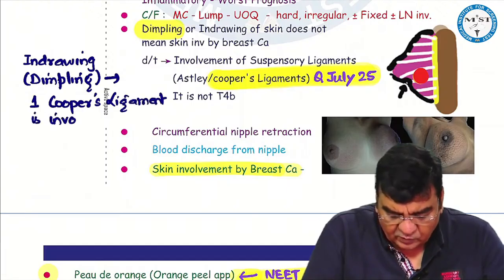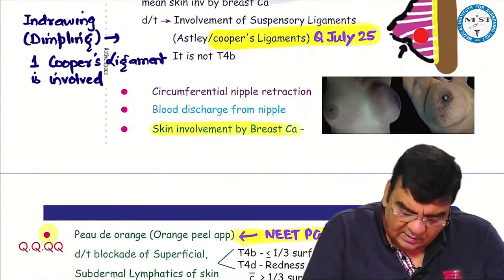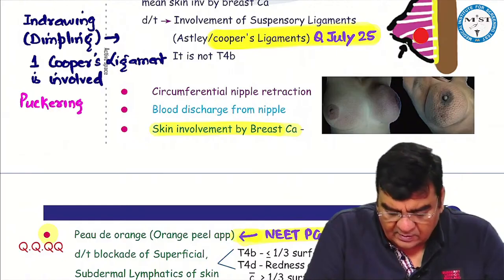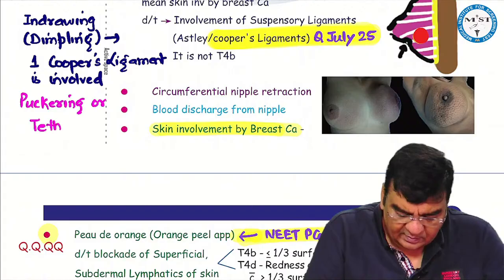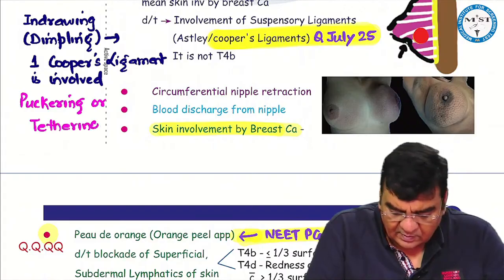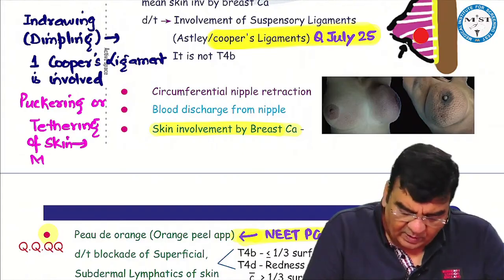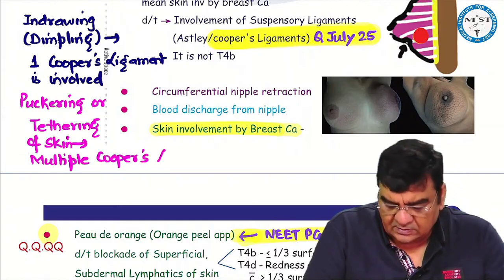And if the examiner says puckering or tethering of the skin, then it means multiple Cooper's ligaments are involved.